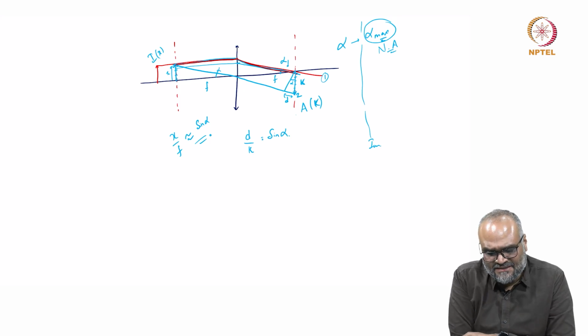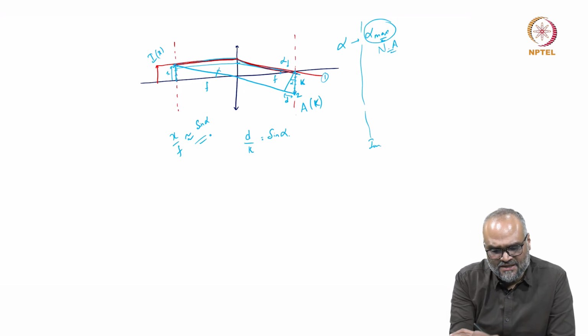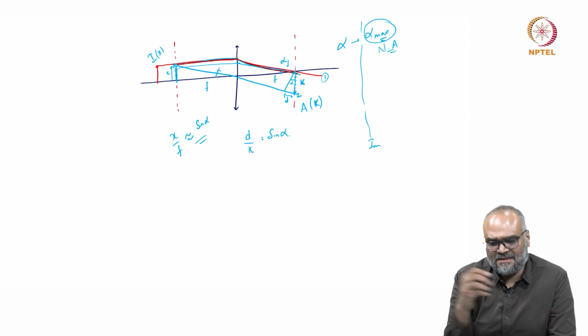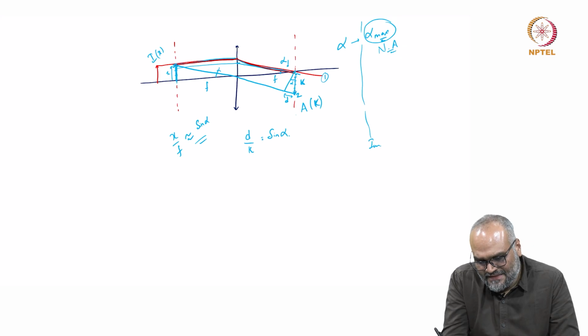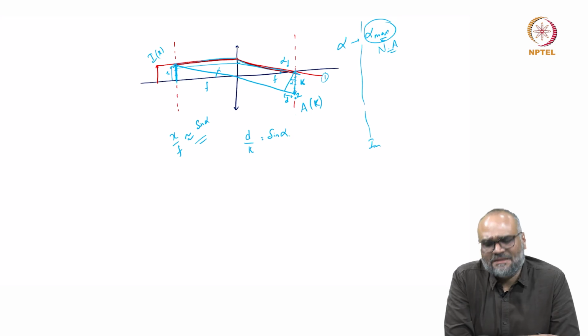Now, I was mentioning that each and every point in the object plane should contribute to formation of some kind of an image or a pattern on this back focal plane as well.